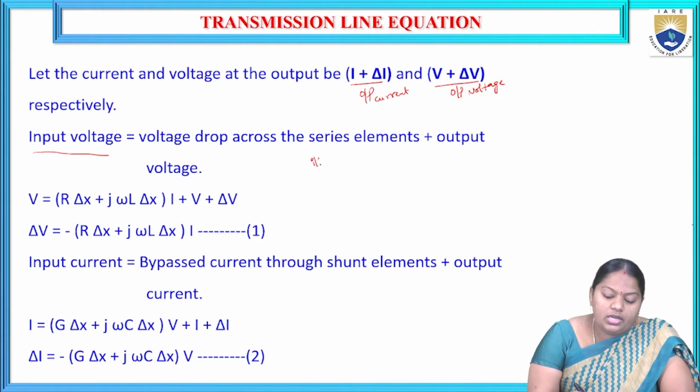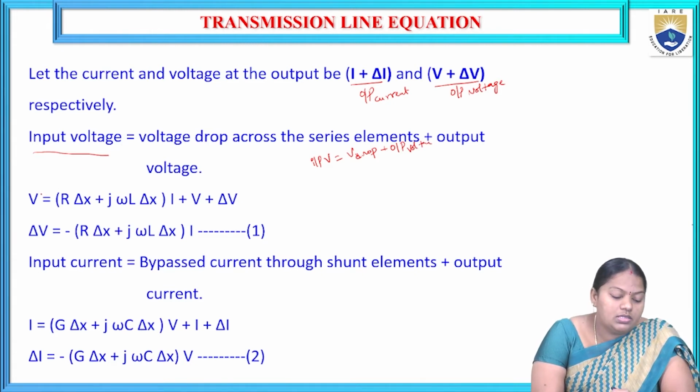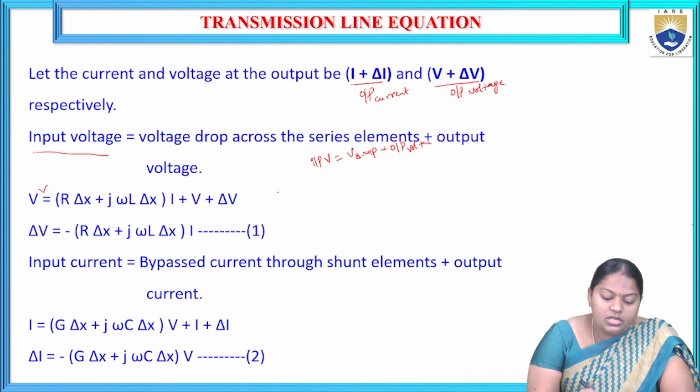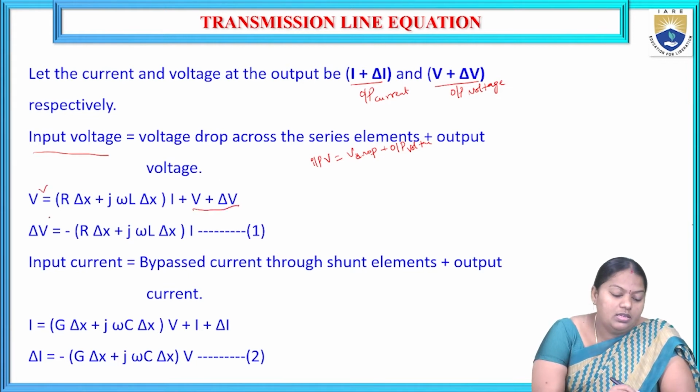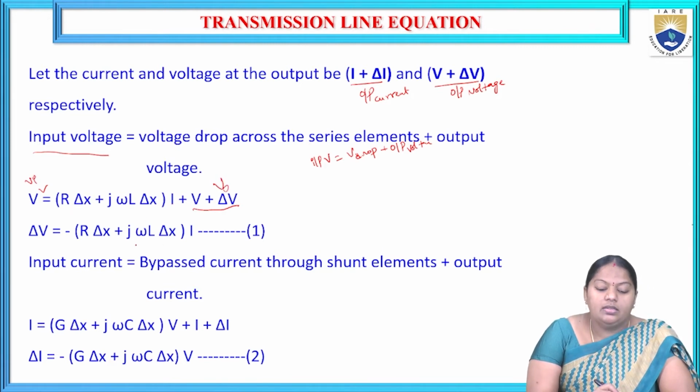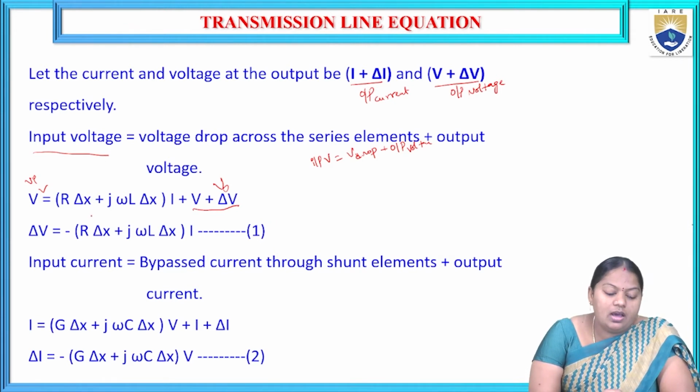From the circuit, the input voltage is denoted V and the output voltage is V plus delta V. The drop across the series elements, resistor R and inductance L, is represented as R into delta X plus j omega L into delta X.